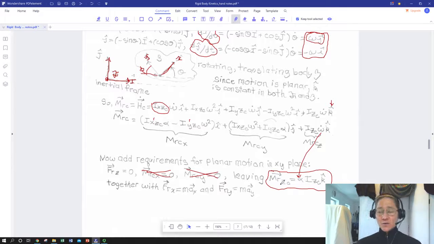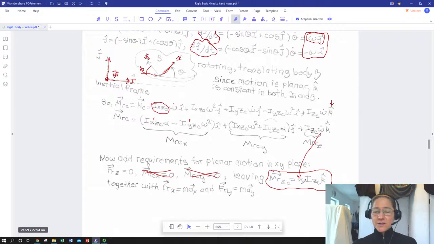So this is our rotational analog to F equals ma for a rigid body acting as a point at its center of mass. We can say the sum of the moments is the angular acceleration times the polar moment of inertia. So now we have a whole second term to use to describe the motion of the sum of forces and maybe couples, applied couples acting on a rigid body and its resultant motion.